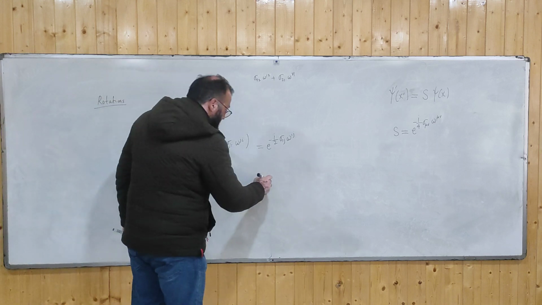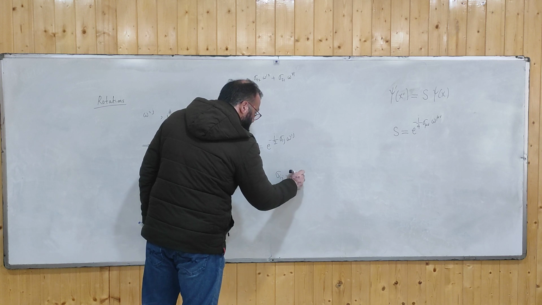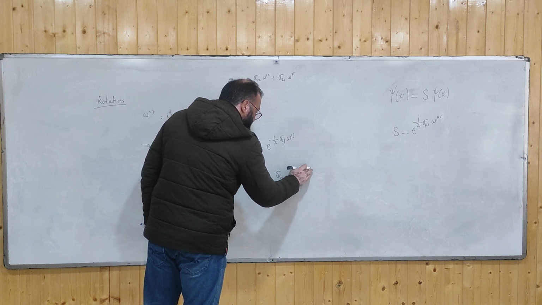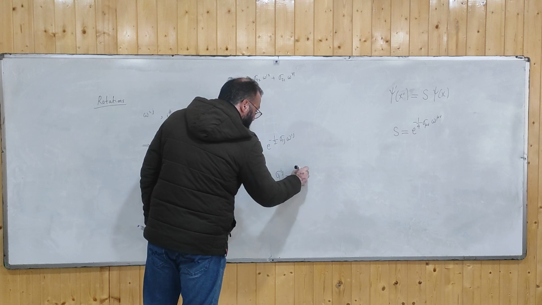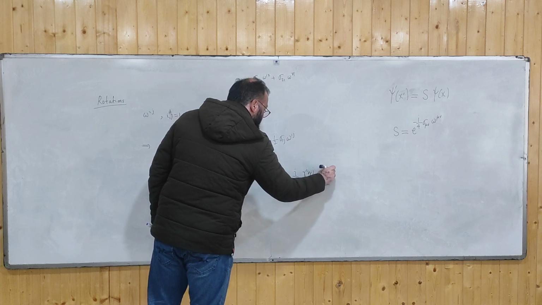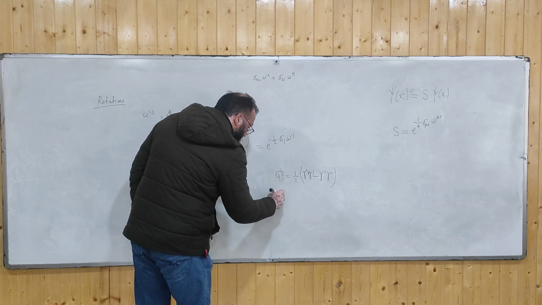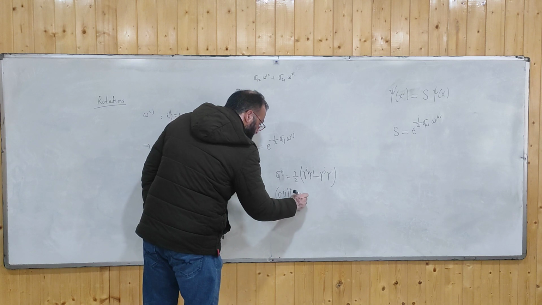Let's calculate that. What is sigma ij? It is i by 2 times gamma i gamma j minus gamma j gamma i. Okay, so let's take its dagger.